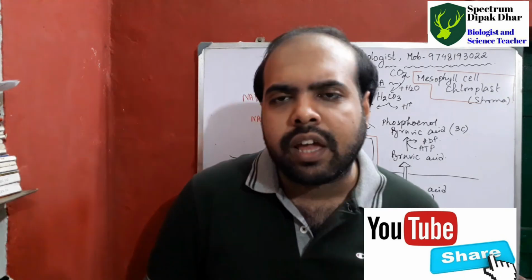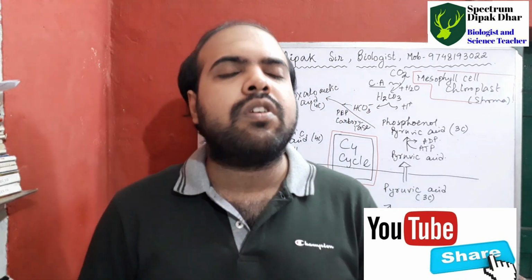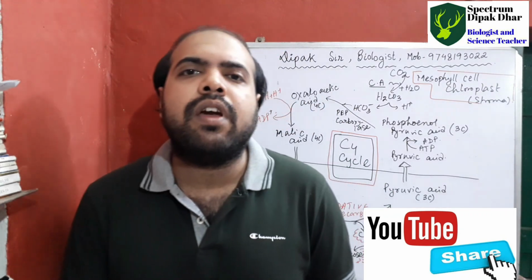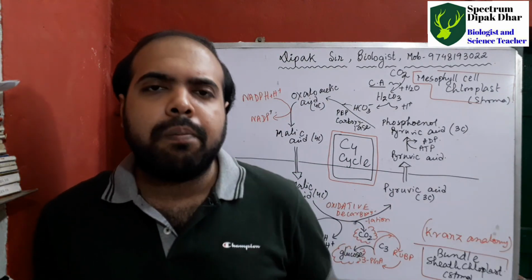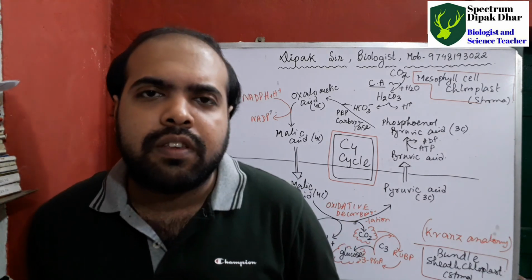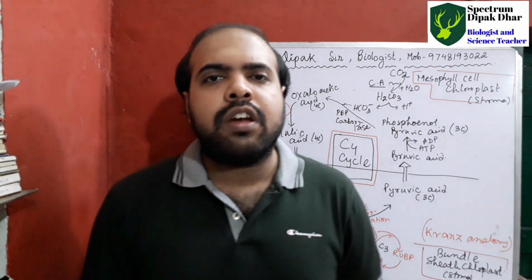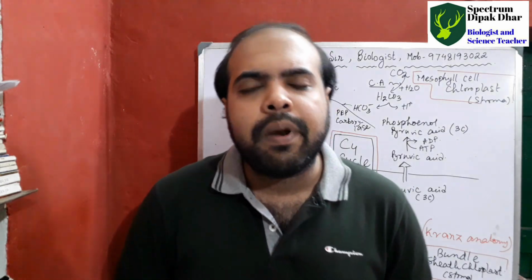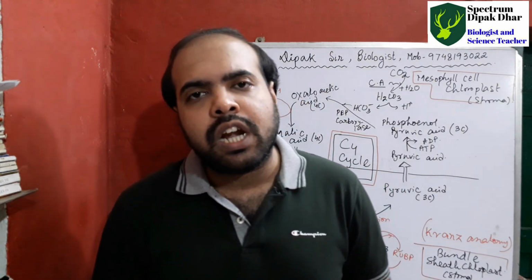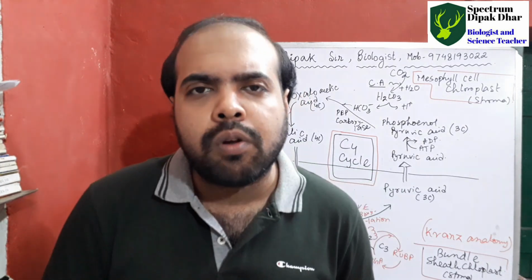They will not die in hot climate situations. Then they have a very low carbon dioxide compensation point. That means C4 plants can perform photosynthesis even if the atmospheric carbon dioxide level is very low. Third, C4 plants show Kranz anatomy in the bundle-sheath chloroplast.